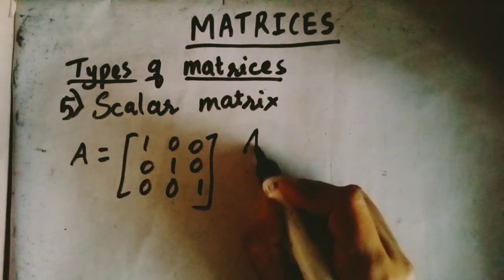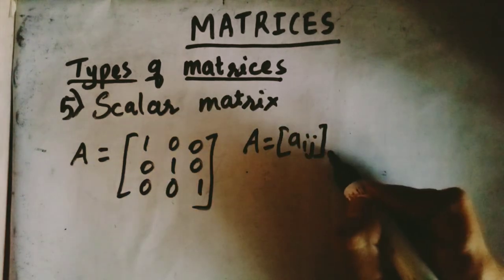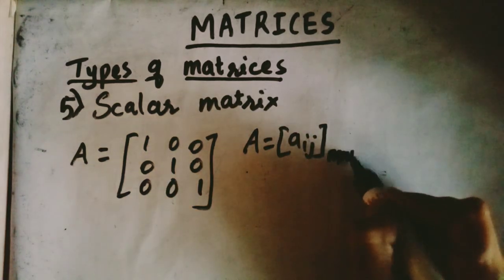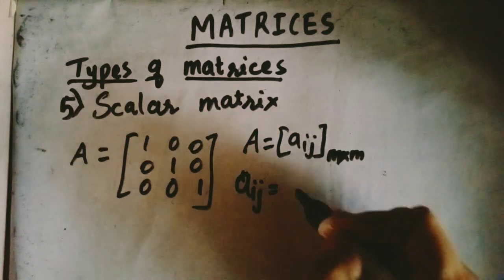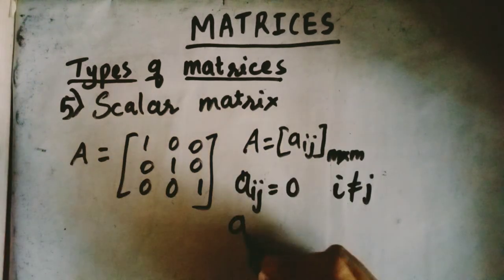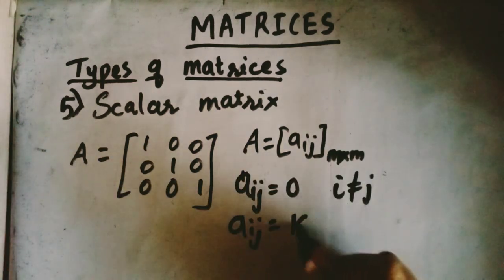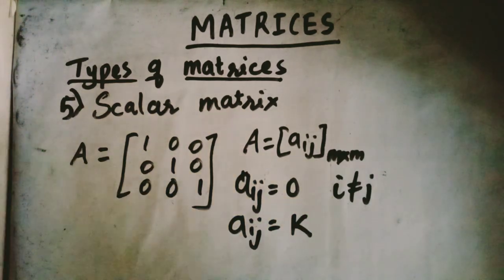It is represented as Aij, a square matrix, where Aij equals 0 whenever i is not equal to j, and Aij equals k, some constant k, when i equals j, that is, it has to be the same. So this is your scalar matrix.